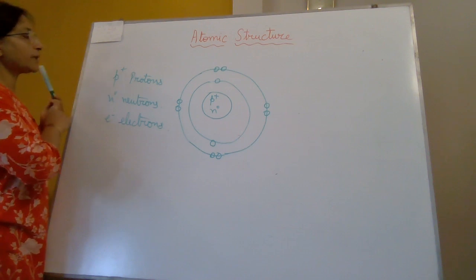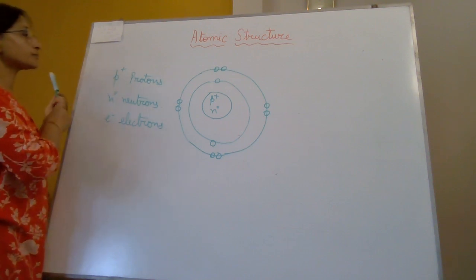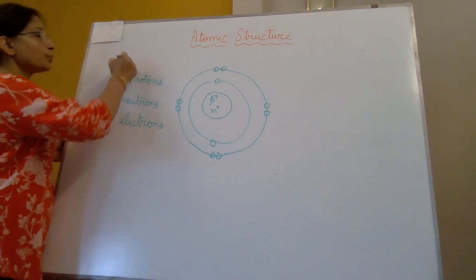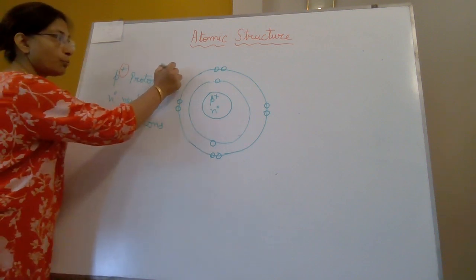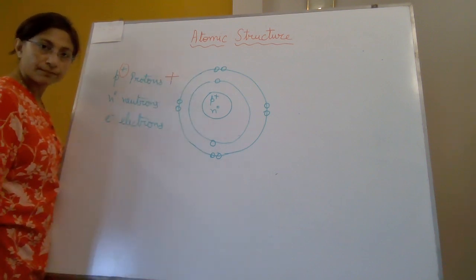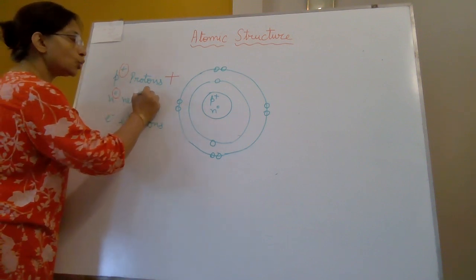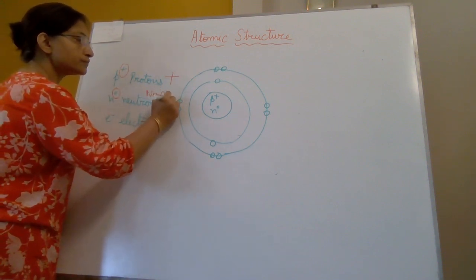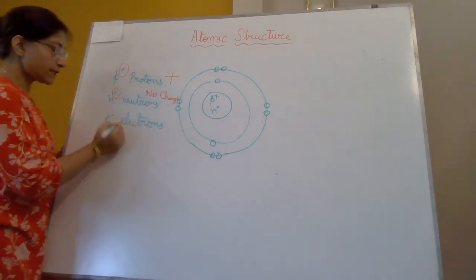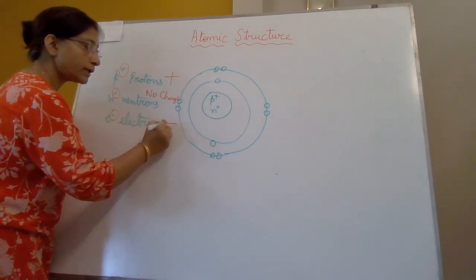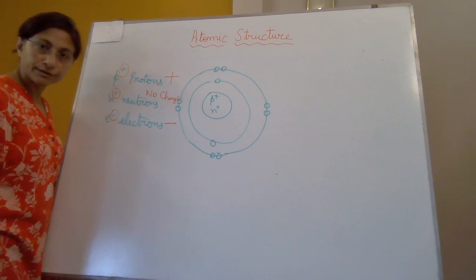As the symbol implies, protons are positively charged particles, neutrons have no charge, and electrons are negatively charged particles.